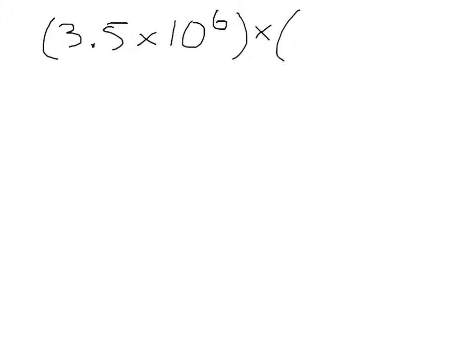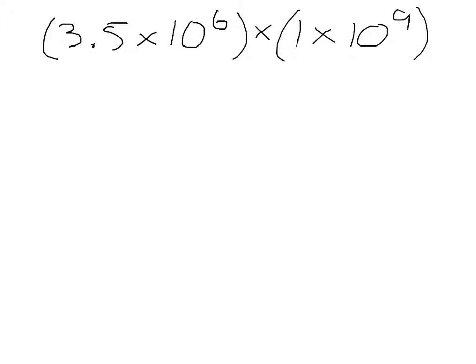So let's take a look at our first problem. The first problem we are going to look at is 3.5 times 10 to the 6th times 1 times 10 to the 9th.